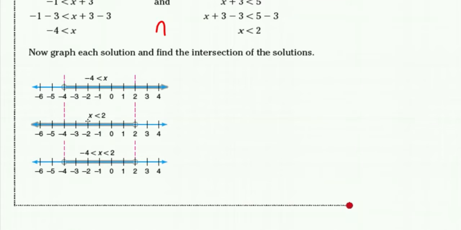So the intersection of these two graphs would be x is greater than negative 4 and less than 2. That would be that intersection right there. Okay, so the solution set is x such that x is greater than negative 4 and less than 2.